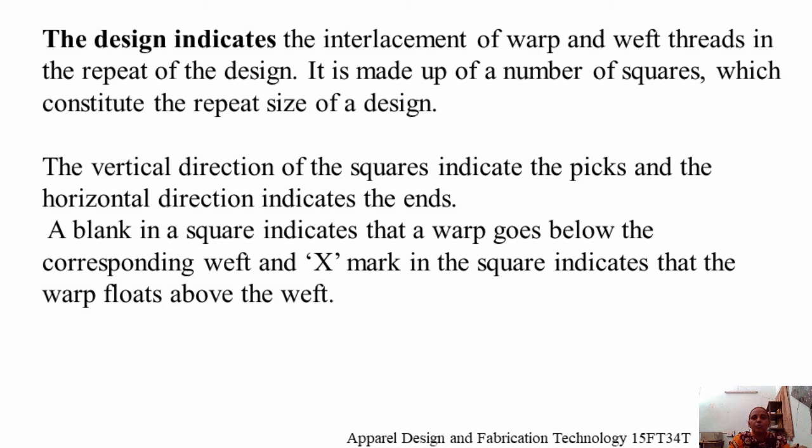The warp goes below, that is, the warp is below the corresponding weft, and the cross mark indicates that the warp floats above the weft. Blank indicates below the weft and cross mark above the weft. This is the representation. So you can use any of the methods.